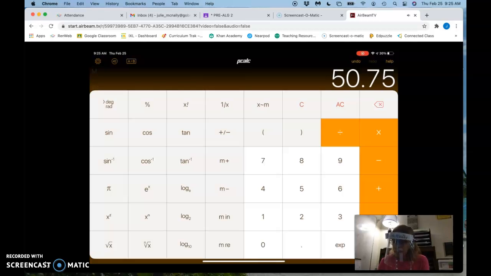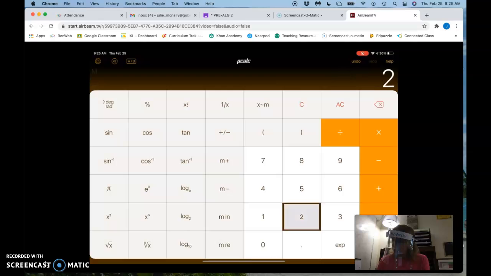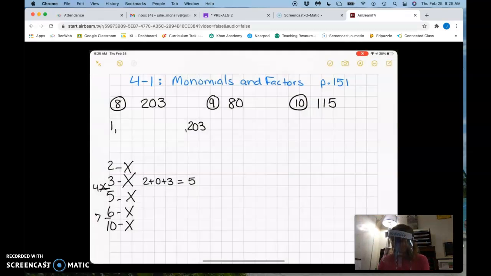No. If you get a decimal, it's a no. So 4 doesn't work. 5, 6, let's try 7. If that goes evenly, that's a factor. So we're going to write down 7 and 29.